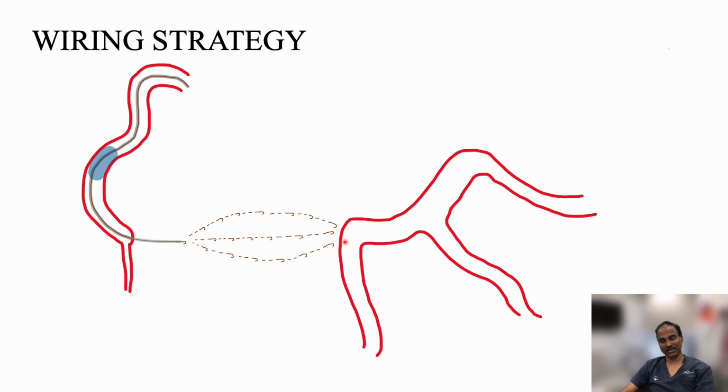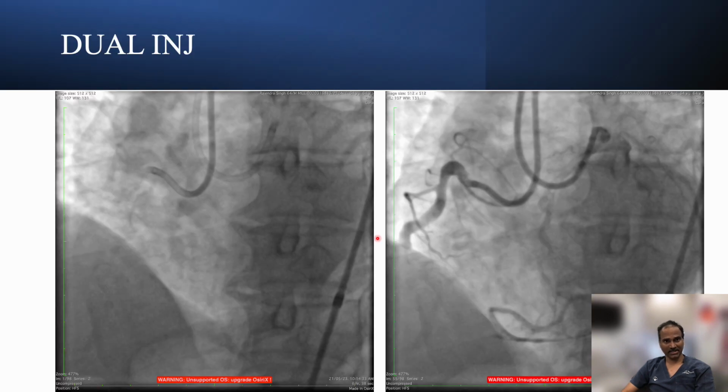Don't create a space here. And once the knuckle is here, advance your microcatheter here and take a directable wire and direct it into the distal vessel. So it's escalate, embed, knuckle, and direct. So this is the technique which can be used in this fashion.